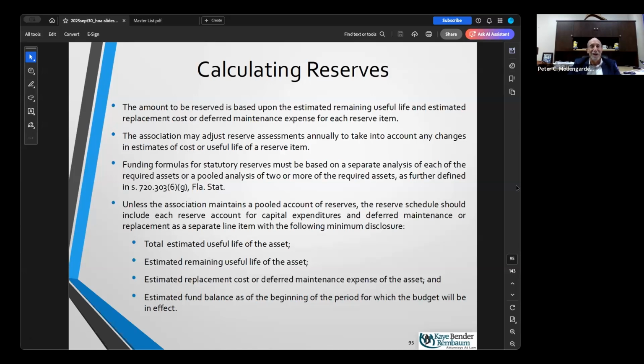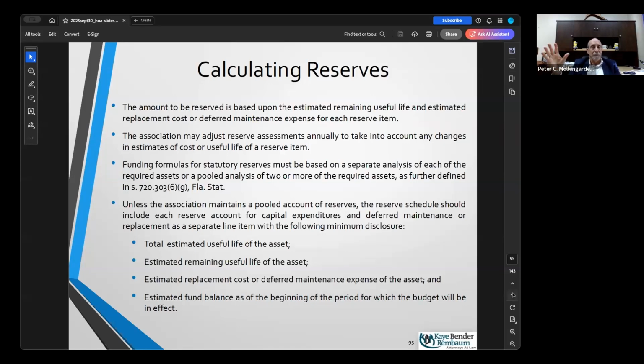Or a pooled analysis of two or more of the required assets as defined in the statute. Unless you maintain a pooled account for statutory reserves, the reserve schedule should include each reserve account for capital expenditures and deferred maintenance or replacement as a separate line item with the following minimum disclosures: total estimated useful life, estimated remaining useful life of the asset, estimated replacement cost or deferred maintenance expense of the asset, and the estimated fund balance as of the beginning of the period for which the budget will be in effect.